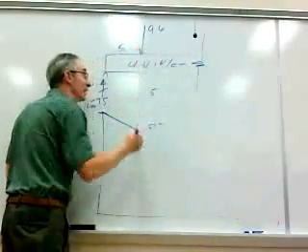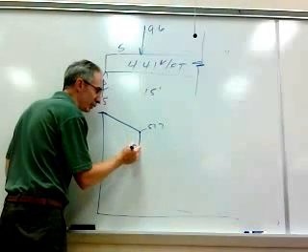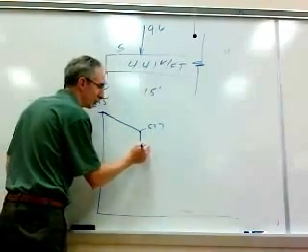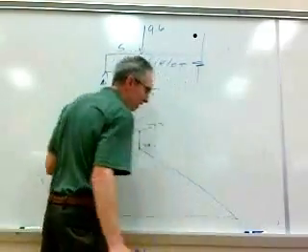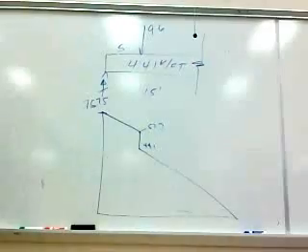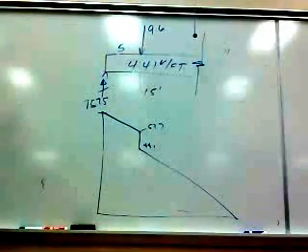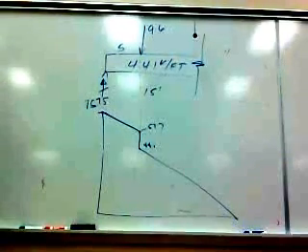Then you hit the 9.6 concentrated load, and that drops you down to what? 44.1. Then over the next 10 feet, you go down 4.41 per foot, so you go down to 0. So that's basically what the shear diagram looks like.